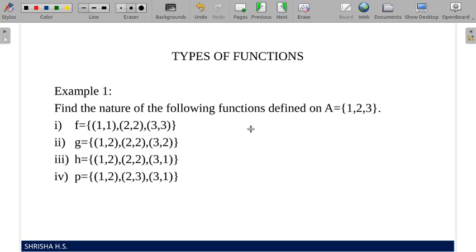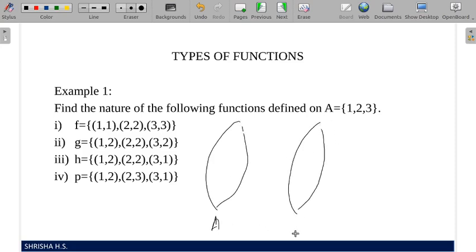So next one, g. Let's map and see how it works. 1, 2, 3 and 1, 2, 3. Okay, so 1 to 2, 2 to 2 and 3 to 2. So how can we say this?